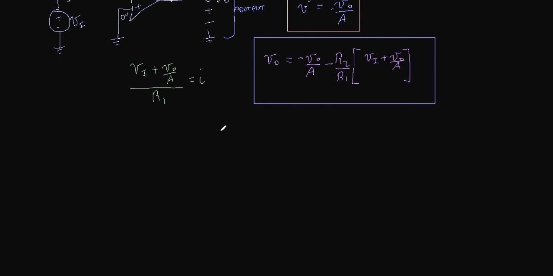So let's simplify this equation now. We have that V naught is equal to minus V naught over A minus R2 over R1 times Vi minus R2 over R1 times V naught over A. And now let's collect the V naught terms on the left hand side.